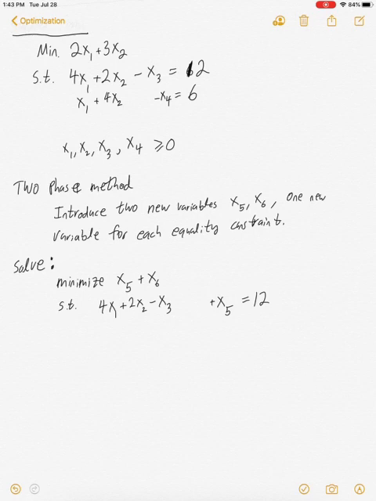And then I'm going to add the other variable to the other constraint. And also, we're subject to x1 through x6 all being non-negative.